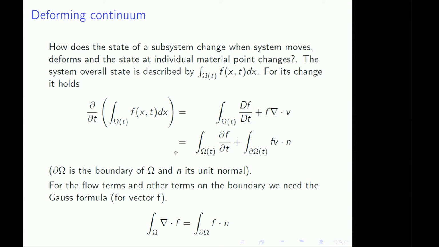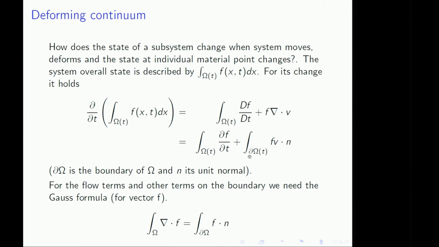I guess the easiest to understand is this one, where the rate of change of the whole state is the integral of the local rate of change of state and the rate of change due to inflow and outflow of the state variable or state property through the system boundary.